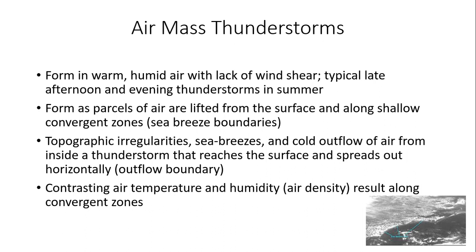That's an interesting thunderstorm phenomenon that I'll talk about in more detail soon. Contrasting air temperature and humidity, air density result along convergence zones in general. All right, so if you look at the bottom right picture here, I'm showing you an example along the Carolina coast of a sea breeze.